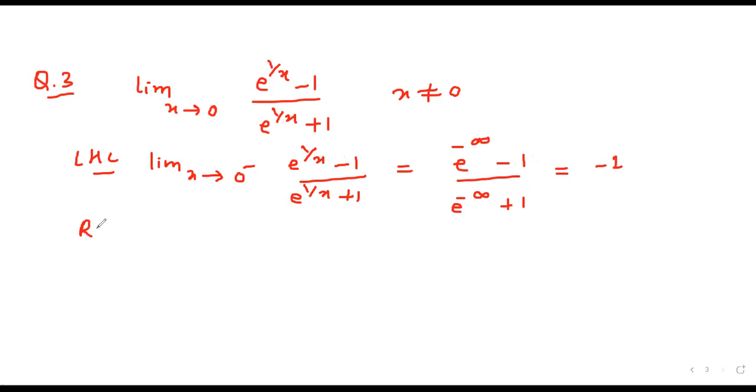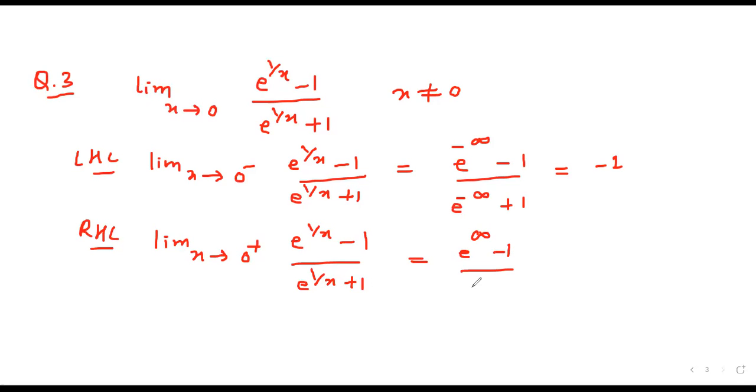Similarly, if we consider RHL, limit x tends to 0 plus, e to the power 1 upon x minus 1 divided by e to the power 1 upon x plus 1. So this will give e to the power infinity minus 1 divided by e to the power infinity plus 1.